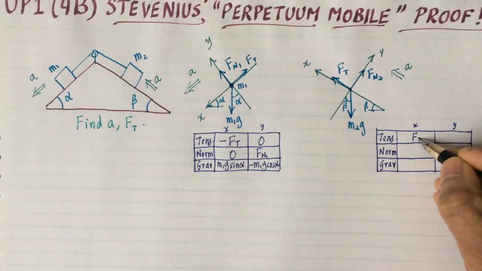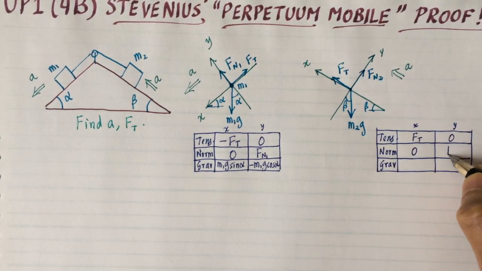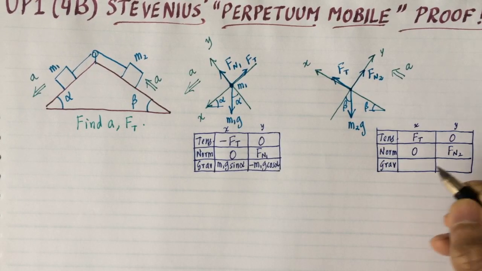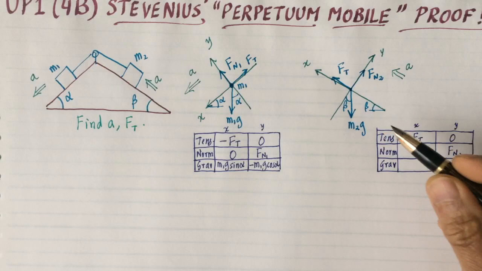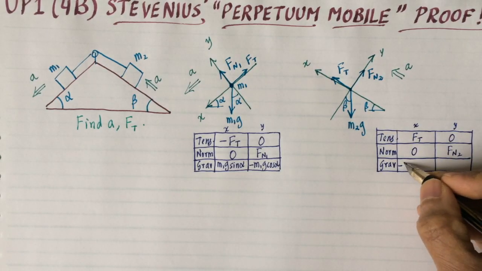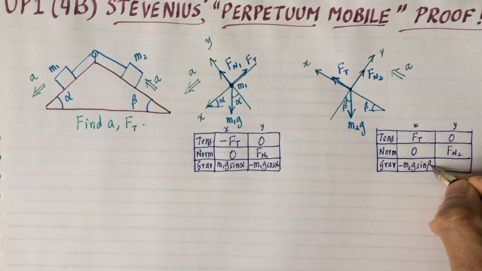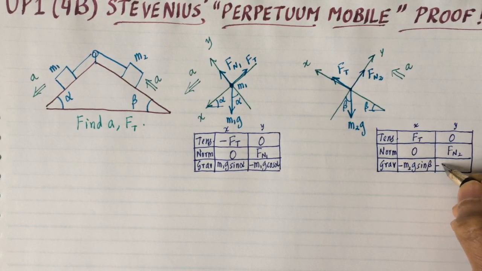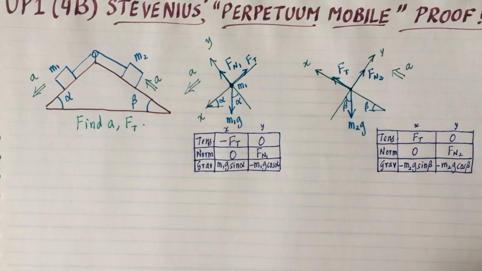Tension here is positive, normal force, and then both components of gravity are in fact negative with respect to this coordinate system. So our force tables have been populated.